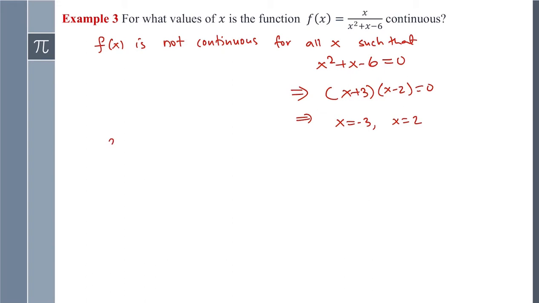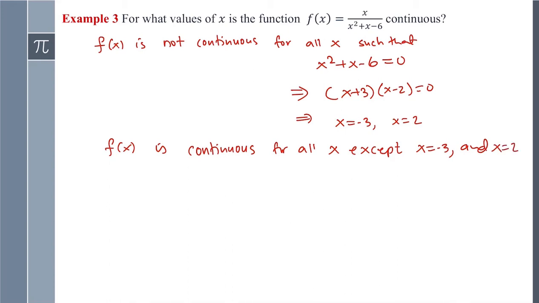Or we can write f of x is continuous for all x except x equals negative 3 and x equals 2. Or we can also write the intervals where the function is continuous. So the intervals where the function is continuous are negative infinity to negative 3, negative 3 to 2, and 2 to infinity.